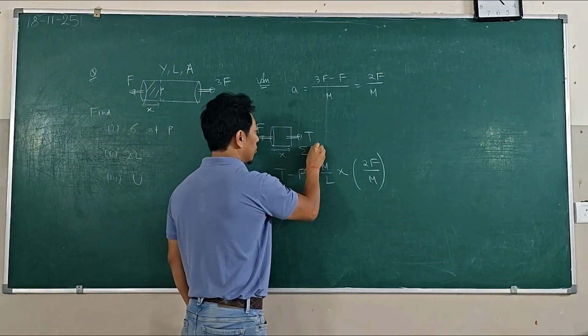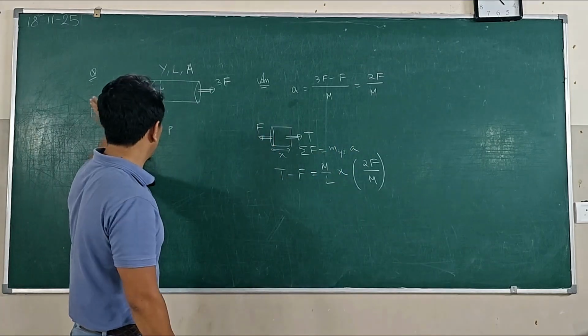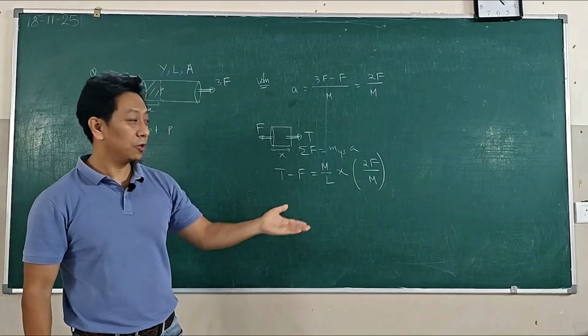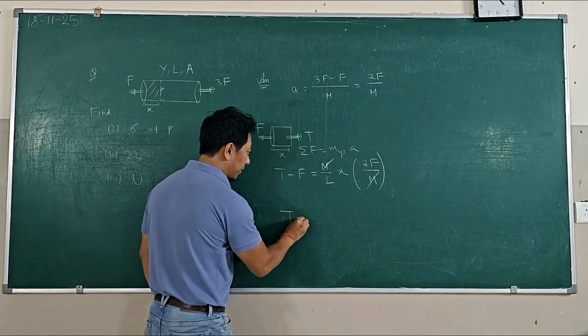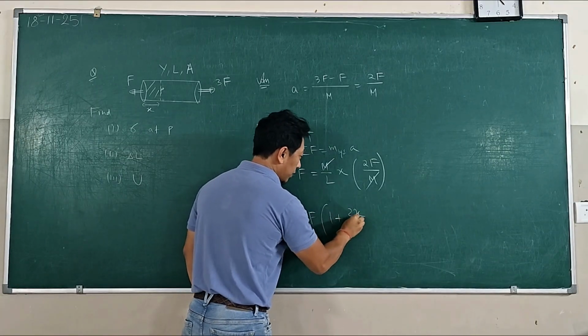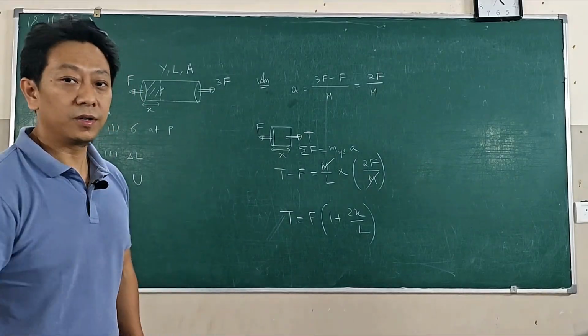Total force equals mass of the system into A. A is common for everybody. Mass of this part, how did I find? From the unitary method. So M will cancel. What will be the tension? F will go this side: F bracket 1 plus 2x by L. Everybody clear? Yes or no?